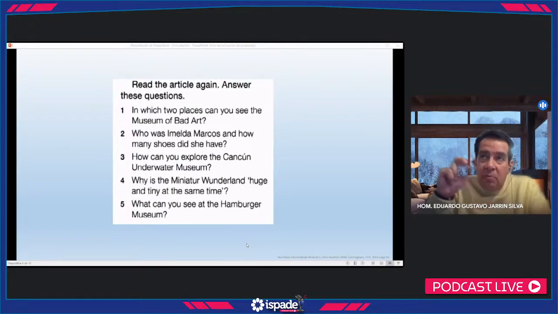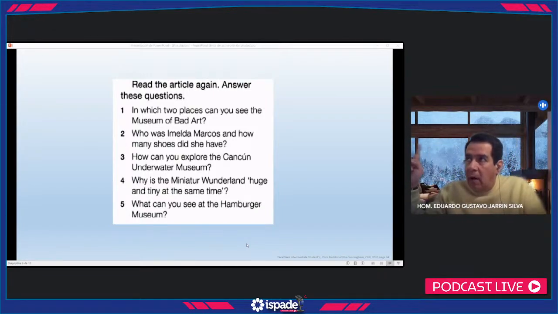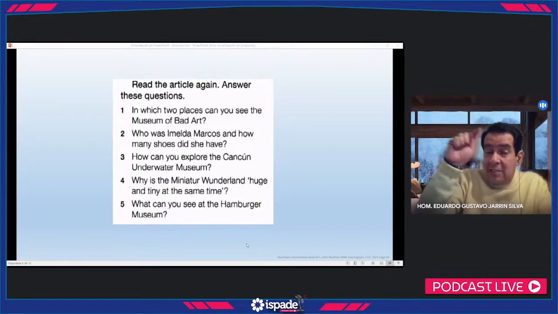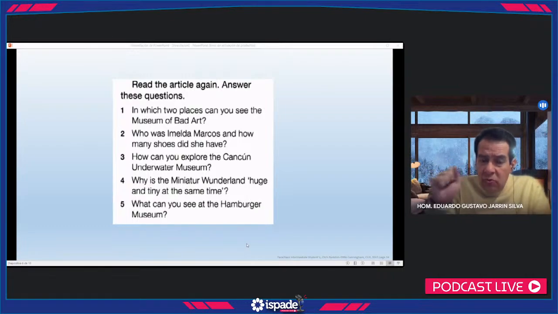Or the Museum of Bad Art is in 2 places. Which are the 2 places? So when they have, okay, 2 places for bad art, if they play with that in their heads, when they go to the text and start scanning, they are going to know what to look for.